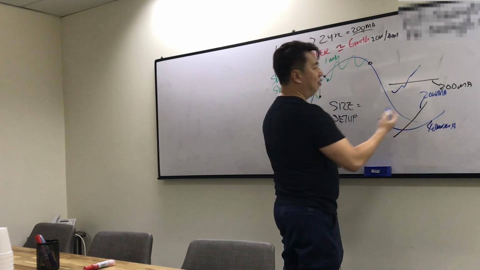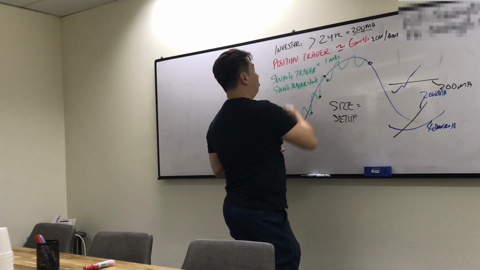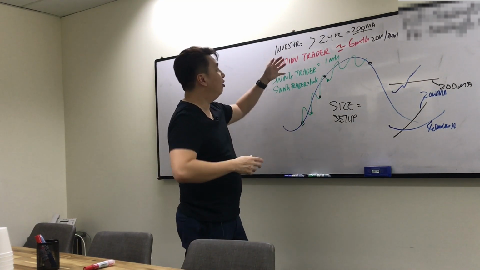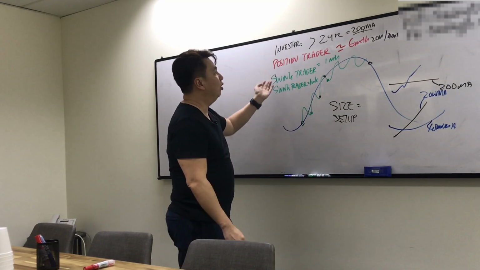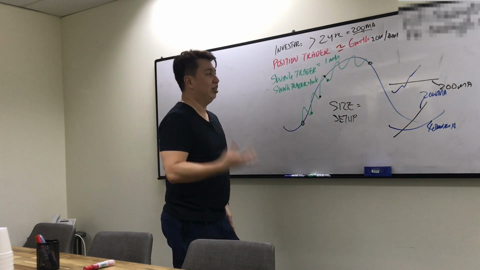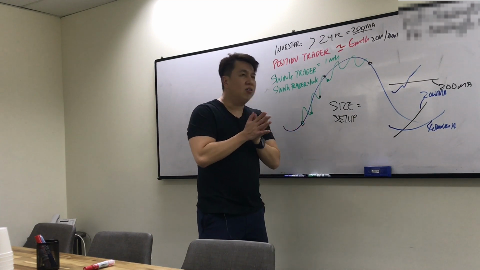That can be my entry and exit for position trading. For swing trading, instead of using a weekly chart, you can use a 20 and 40 moving average on the daily charts. So the conclusion is like that.